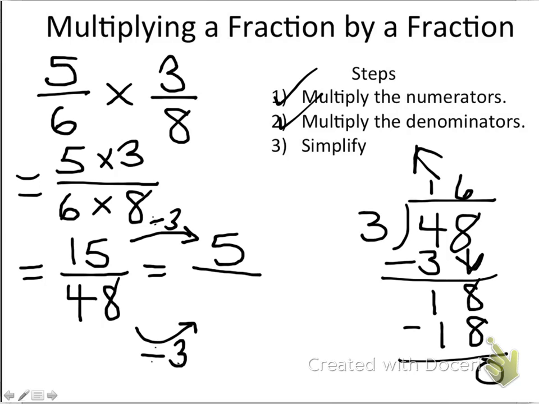So I have a remainder of 0, and my answer is 16. Now there's no more divisors that I can think of that are divisible by both 5 and 16, so I know I'm done. I'm going to circle it, and now I'm done.